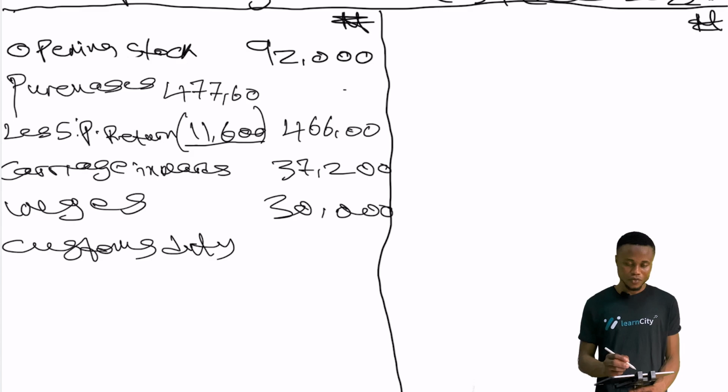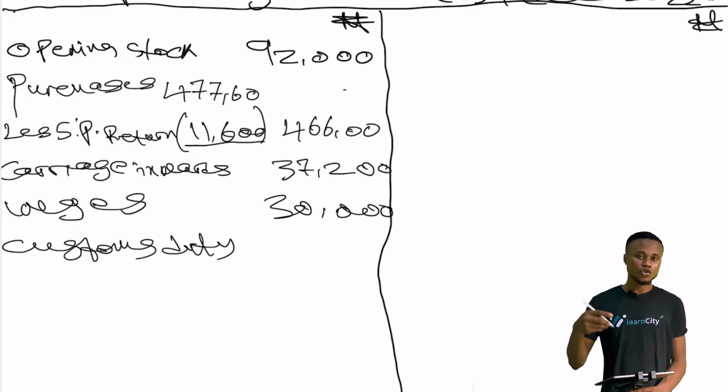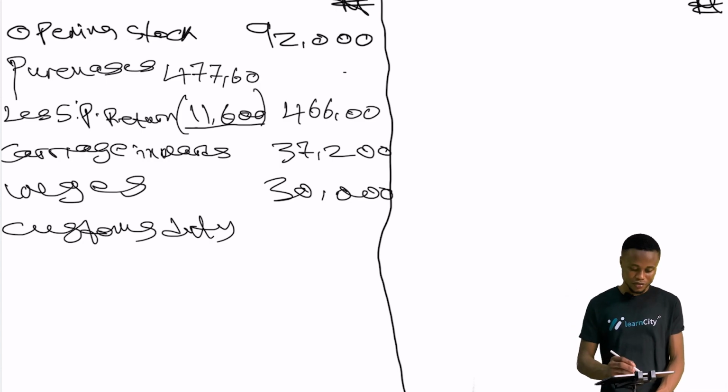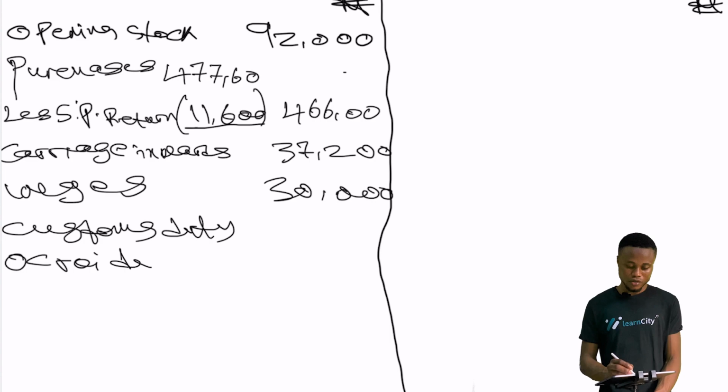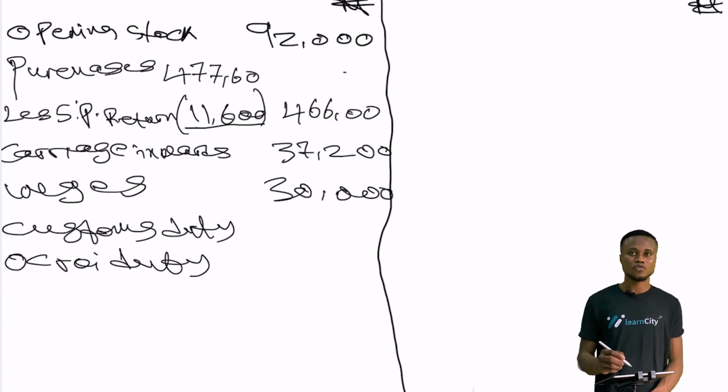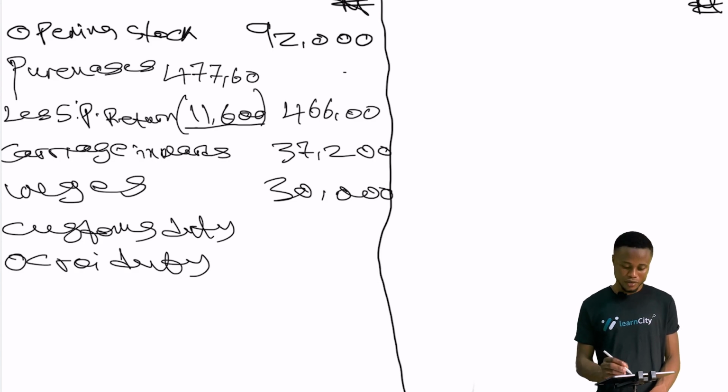You also write in the accrued duty too, since the goods pass through customs. The amount for customs duty is 14,000 naira and accrued duty is 1,600.